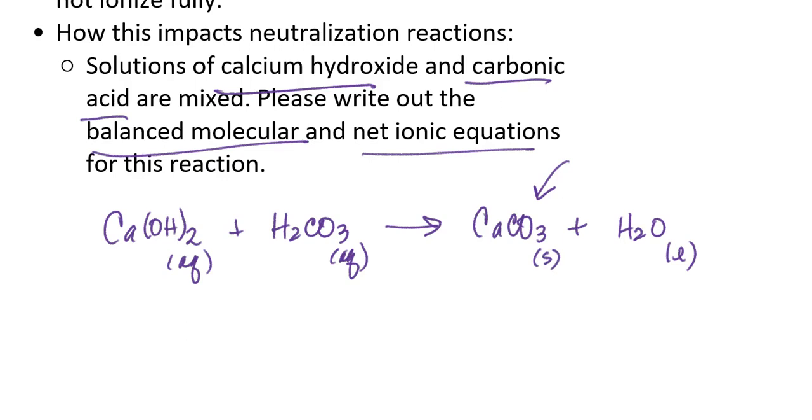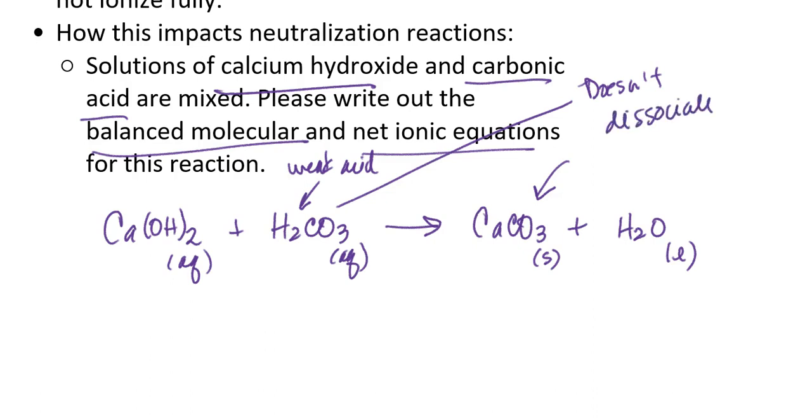Now, remember, the way that this works is anything that is in solution that ionizes completely gets broken apart into its ions, but remember that carbonic acid is not one of our strong acids, it's a weak acid. And so it doesn't dissociate completely. And since it doesn't dissociate completely, then I cannot break it apart into its component ions.